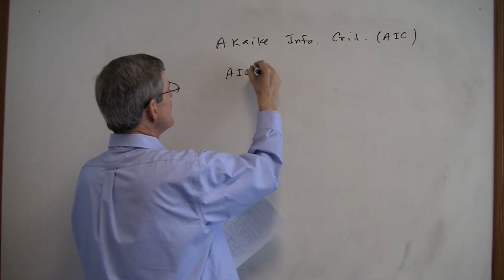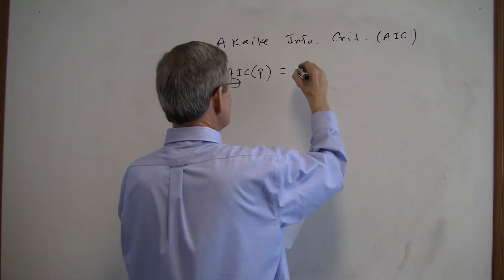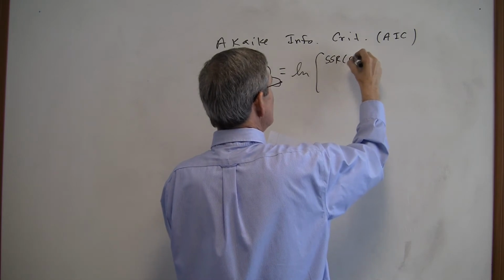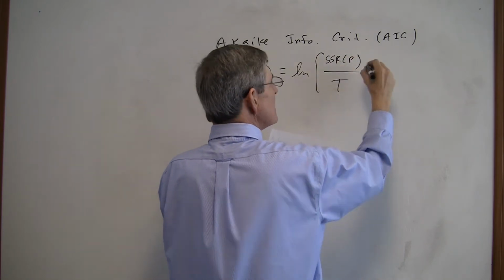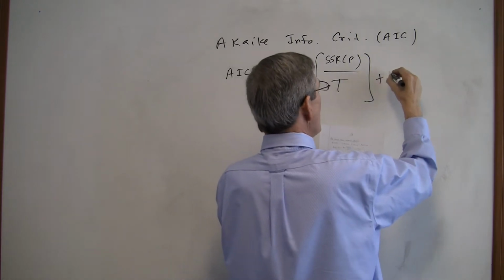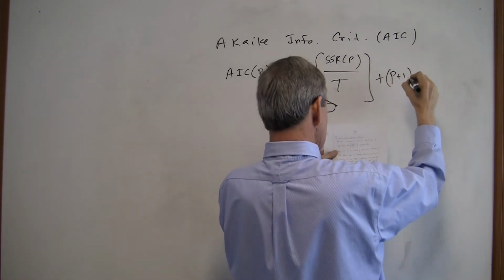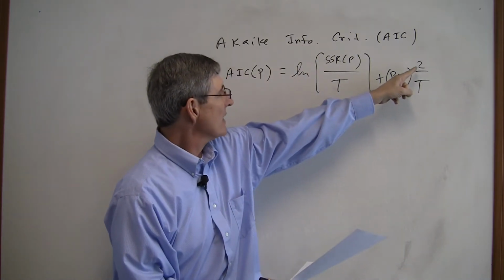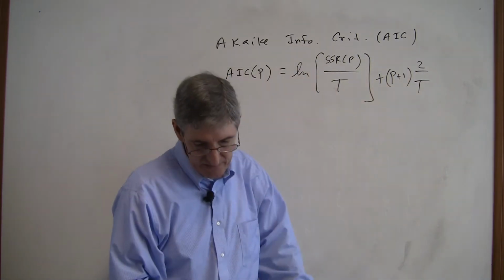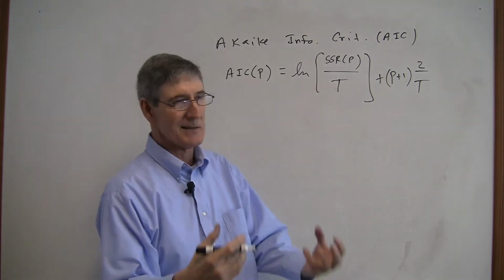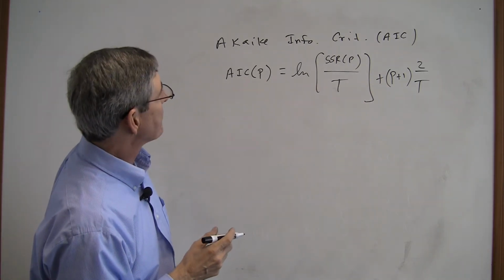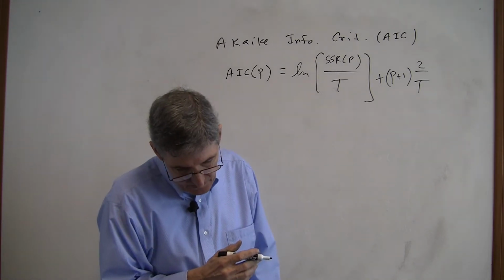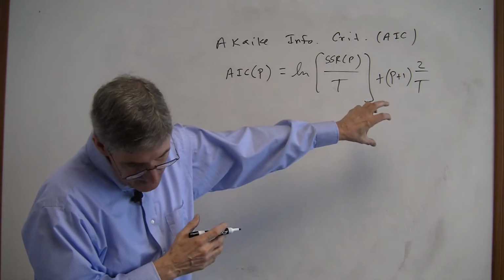So the AIC of p is equal to the log of the sum of squared residuals at p over T, so far exactly the same. What it does is add a different penalty. The other one was log of T, which is going to be bigger than 2 almost always, unless T is really small. And it won't be. Even then, it might not be true. Yeah, this is smaller always.